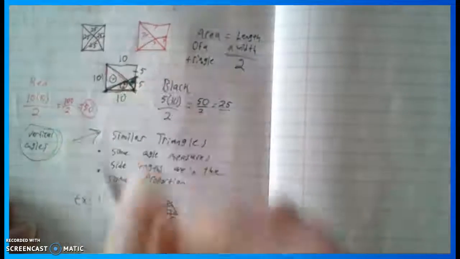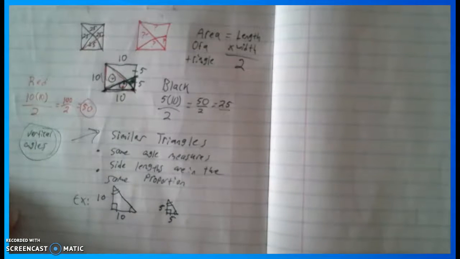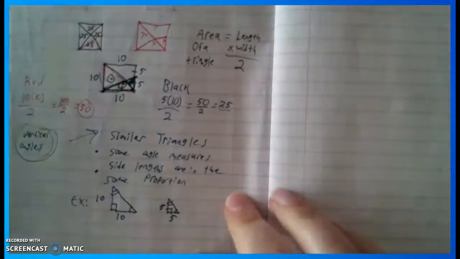You might need to use things like vertical angles. Vertical angles might be something that comes into play to help you prove that the triangles are similar. And so I'm going to leave you there, and you can use that to try to make some progress.